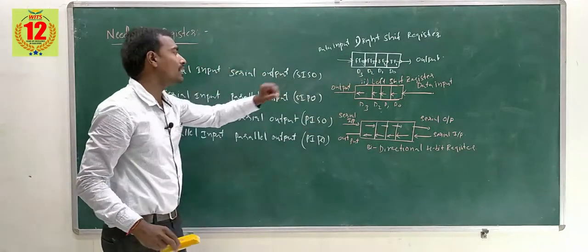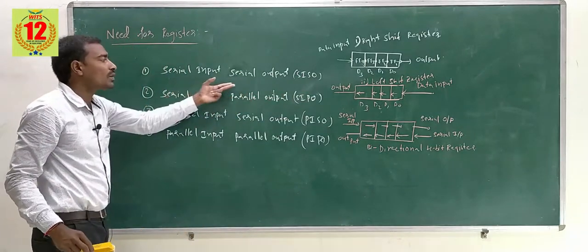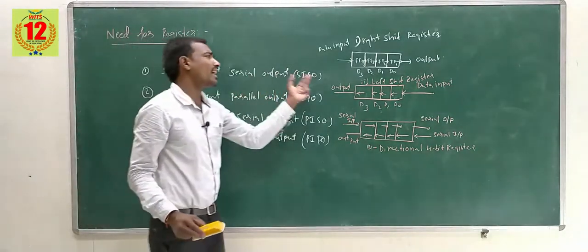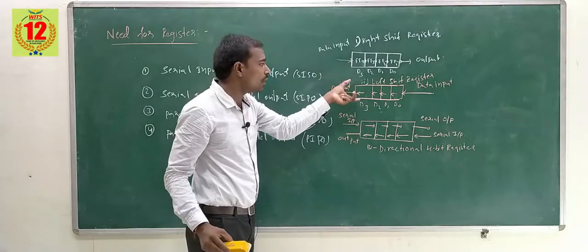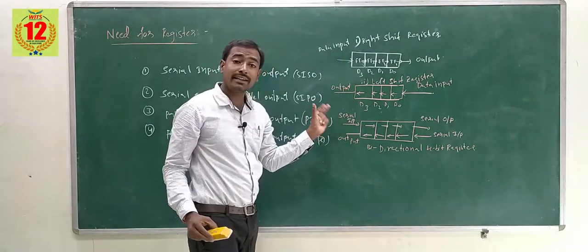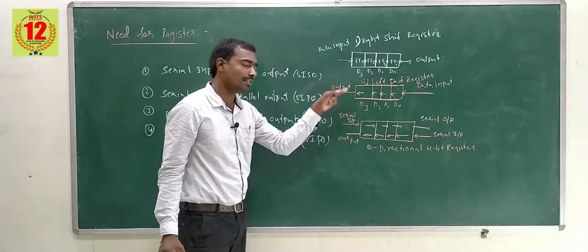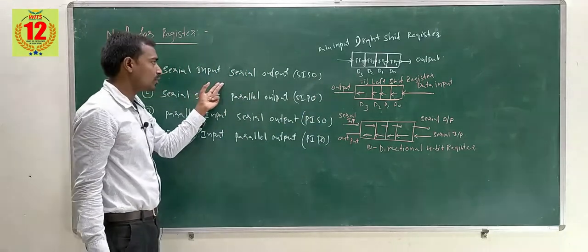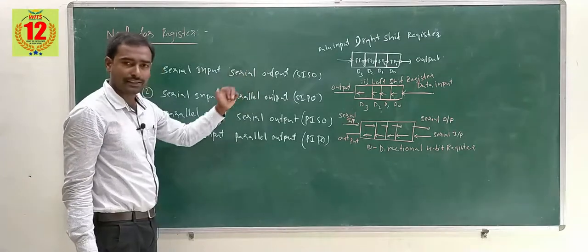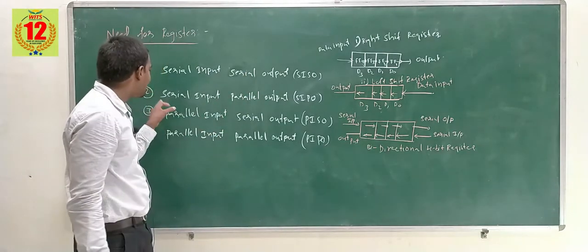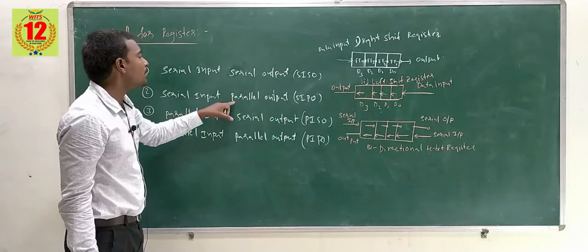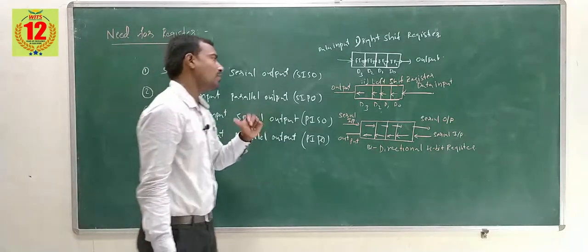So these three come under serial input and serial output. Here the data is given in serial form, and the data is collected at the output in serial form. So these are the three examples for serial input and serial output, that is SISO. And coming to the second one, that is serial input parallel output, SIPO.